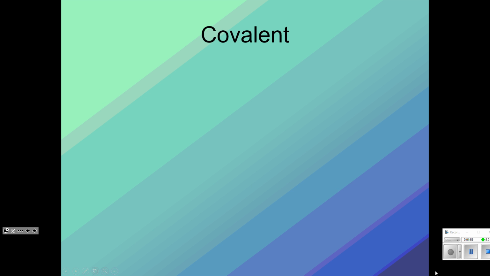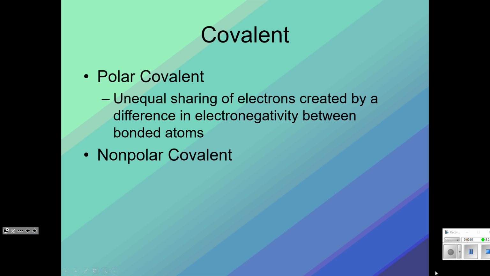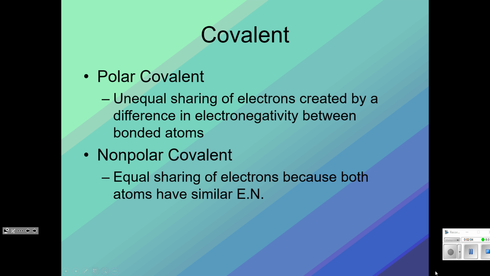And again, the covalent two types are polar covalent and non-polar covalent. And again, I don't think you need to write down those definitions. I'm referring to just the bond. So a polar covalent bond is an unequal sharing of electrons due to something having a greater electronegativity than another thing. Remember that you can have polar covalent bonds, but it could be a non-polar covalent molecule because of that idea of symmetry.